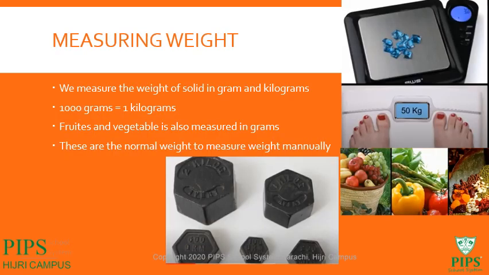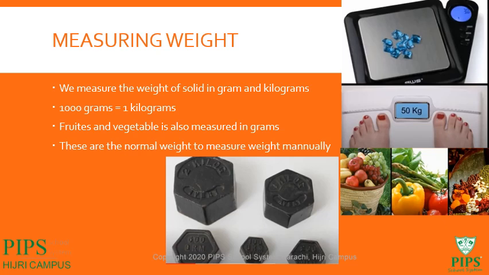The first measuring scale is weight. Weight is measured in grams and kilograms, especially for solids. Their conversion is that 1000 grams equals 1 kilogram. You should remember this because with it you can convert and solve further questions in this chapter.